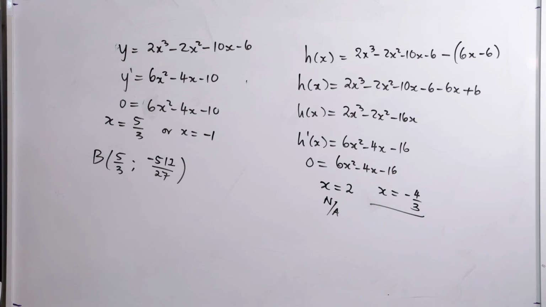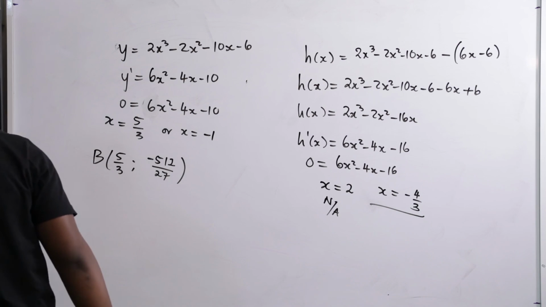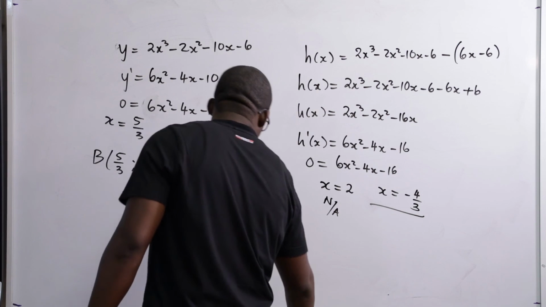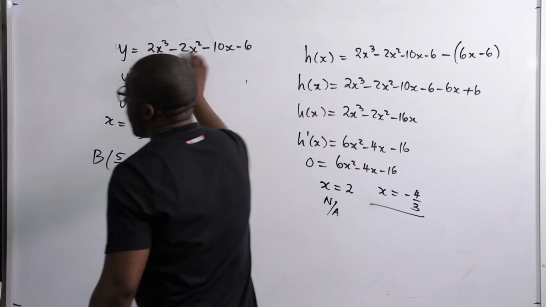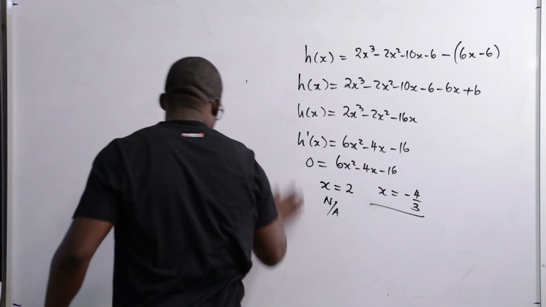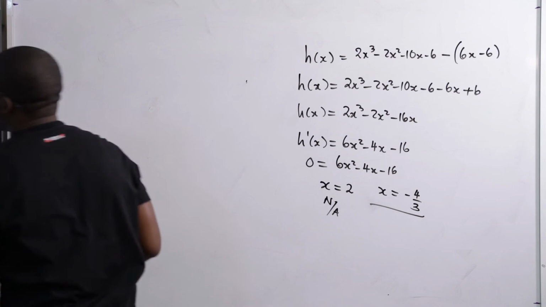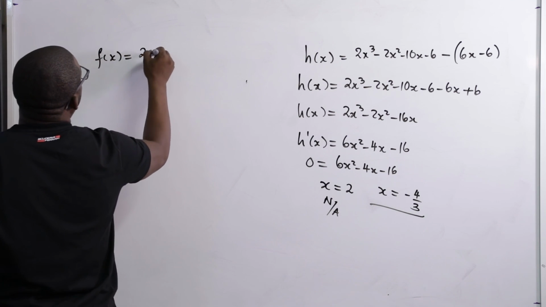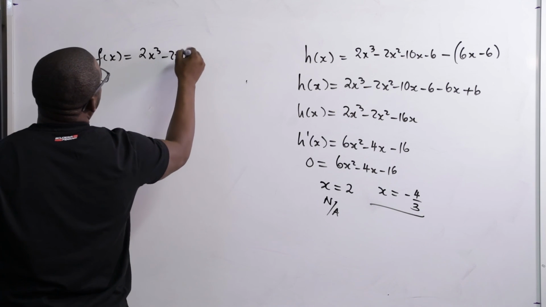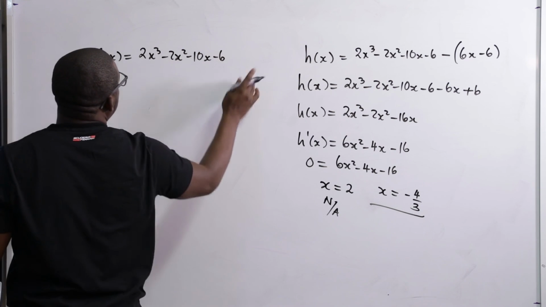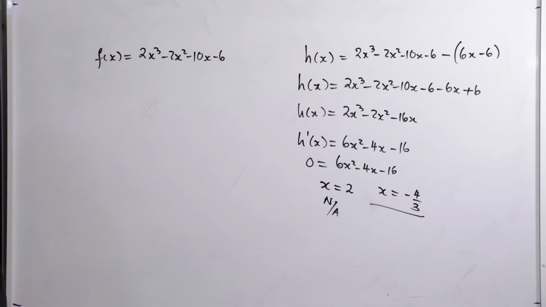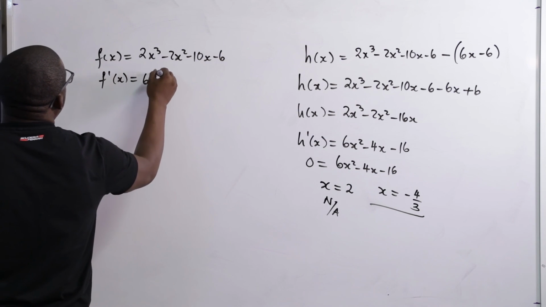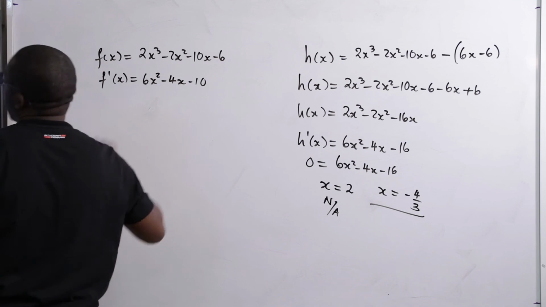Calculate the x-coordinate of the point at which f prime of x is a maximum. f of x is equal to 2x cubed minus 2x squared minus 10x minus 6. f prime of x is 6x squared minus 4x minus 10.